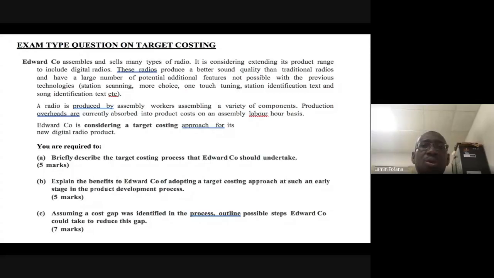So what technique are we going to use to ensure that the cost gap is reduced regarding the specification? You know what I mean by this specification, yeah?